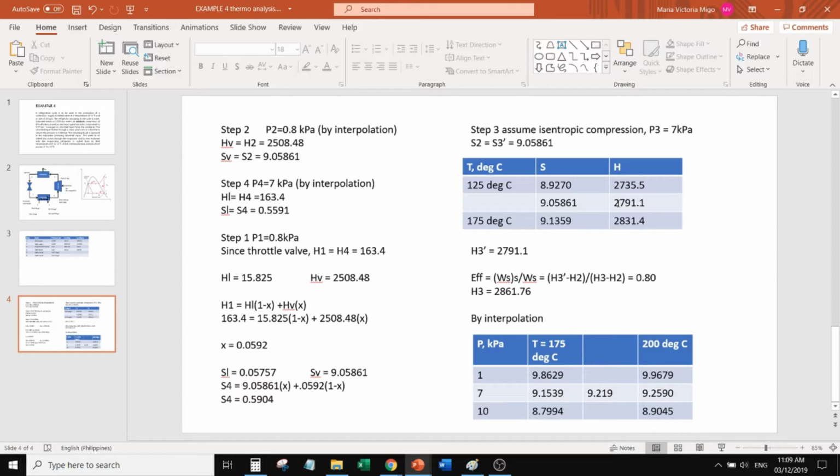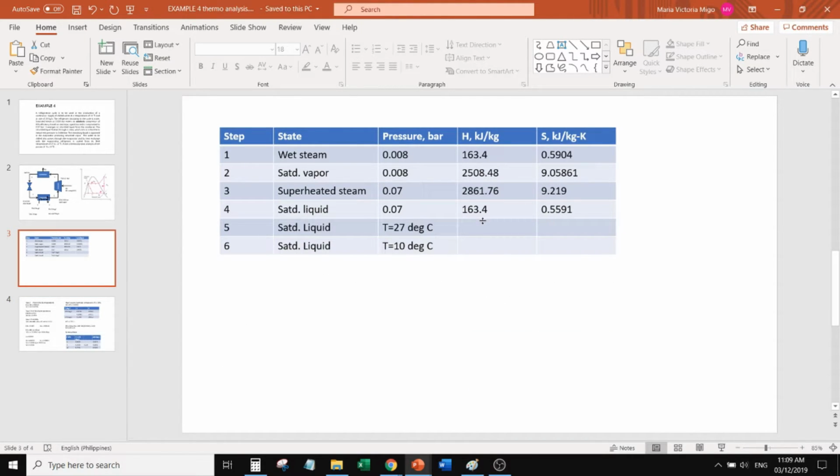Okay. And the next step is, what's the next step? So we have all these values here. How about for 5 and 6?